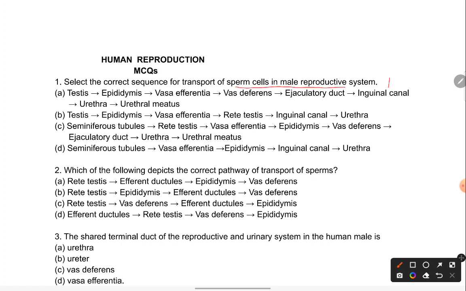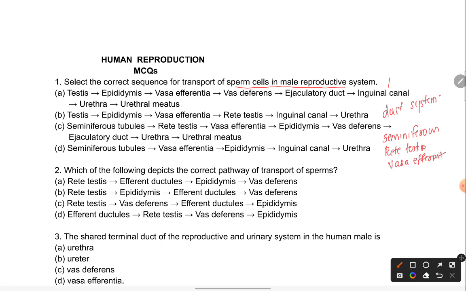So here, the pathway of sperms, you must know the different parts of the duct system in males. The pathway starts from the seminiferous tubules. Seminiferous tubules move towards rete testis and come out as vasa efferentia.